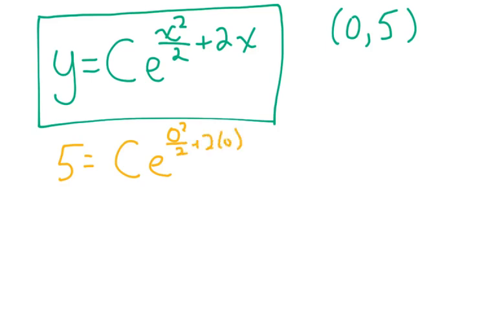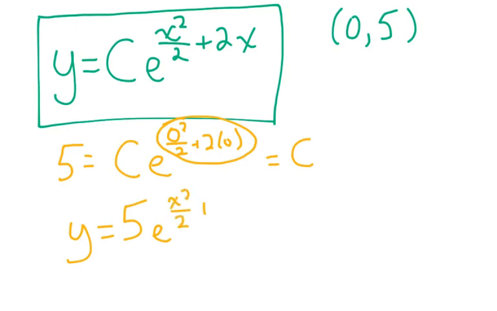Well, that's nice. This is all, of course, 0, and we know that e to the 0 power is 1, which is just c. So c is going to be 5, and we can come up with a particular solution to this equation: y equals 5e to the x squared over 2 plus 2x.